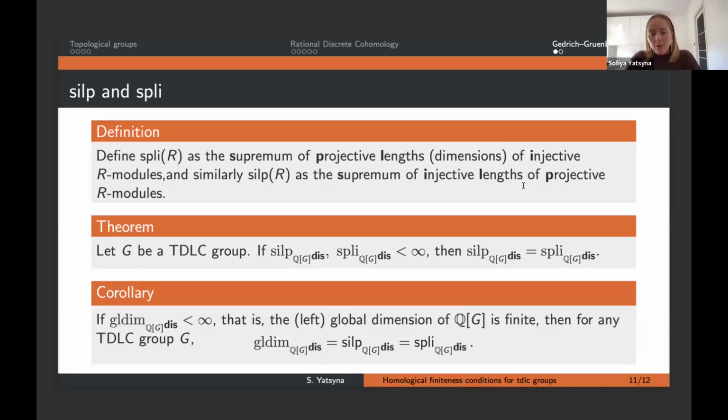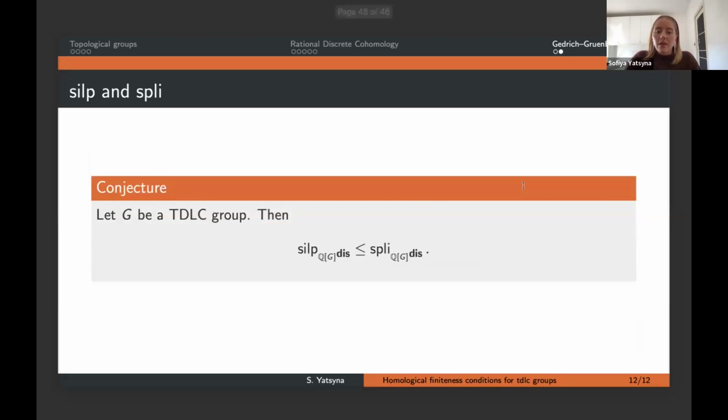So what do I work with in these groups? I work with these TDLC groups, and I want to show the main theorem from the paper by Gedrich and Gruenberg, that if one is finite, the other is finite. I haven't been able to show this yet because there are a lot of nuances in the proof. We actually need to go past rational discrete cohomology and look at a relative cohomology for these groups.